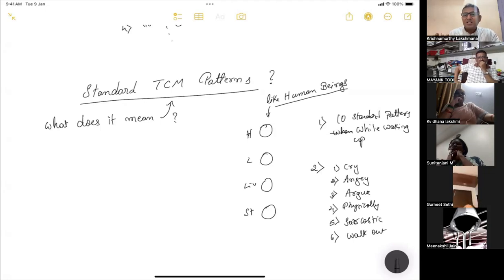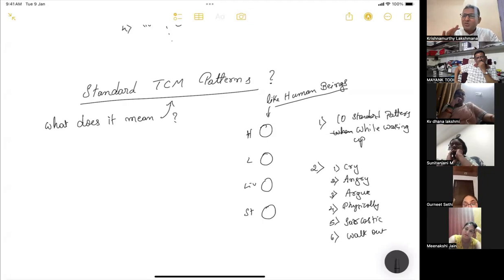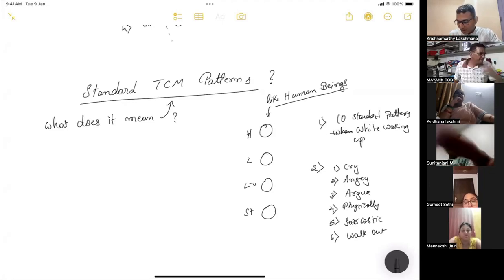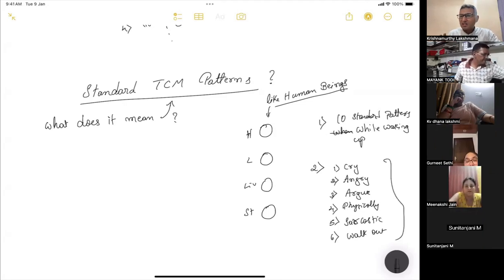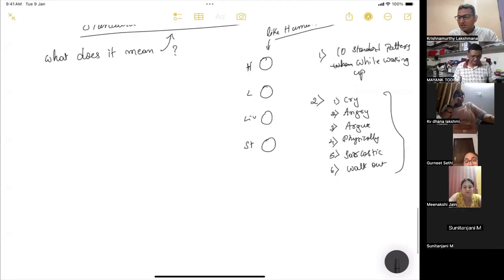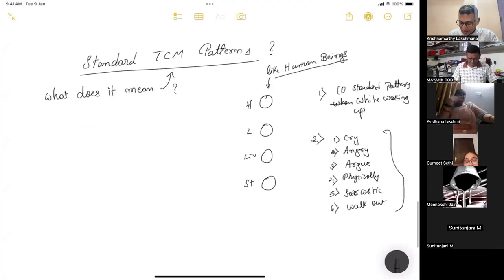These are the standard responses that a human being can give when insulted. More or less, these are the patterns in which they respond to insult.